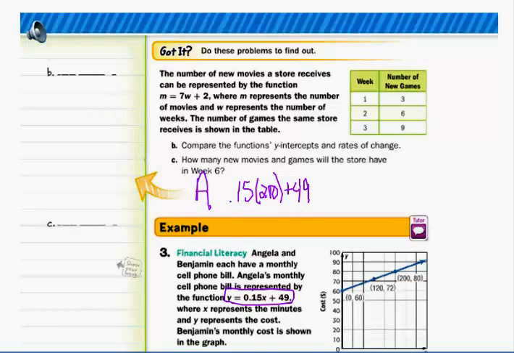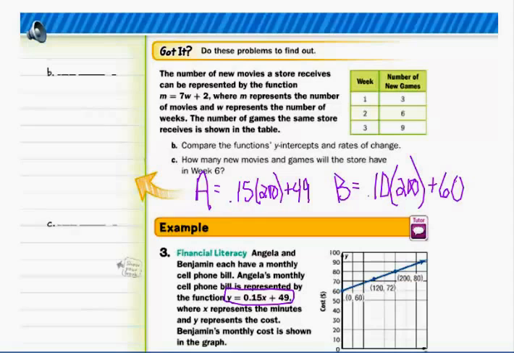That's Angela. Ben, his rate was 10 cents a minute, and we're talking for 200 minutes. And how much does his phone cost just to have it? 60. So plus 60.